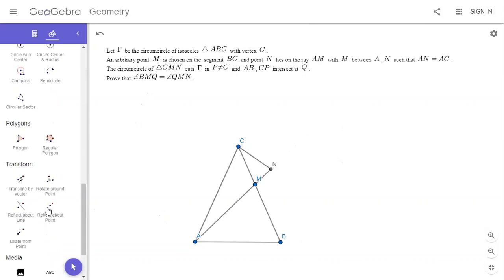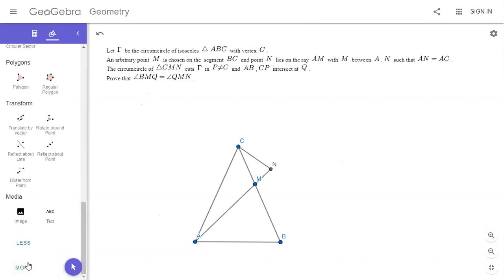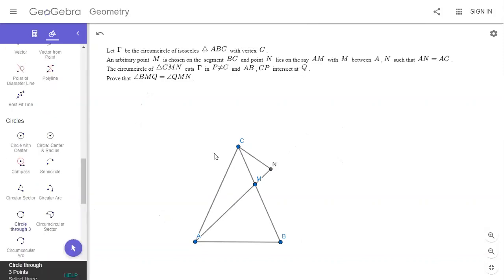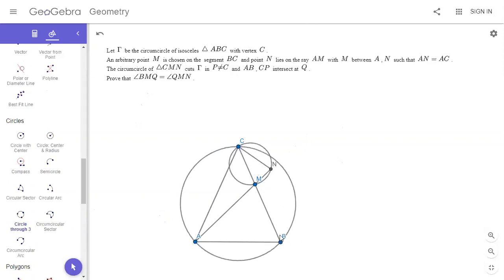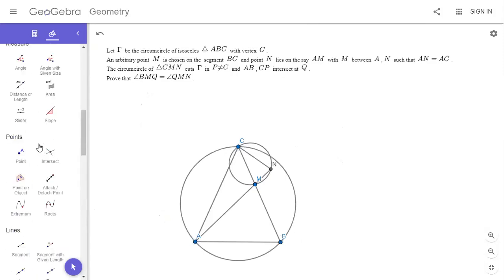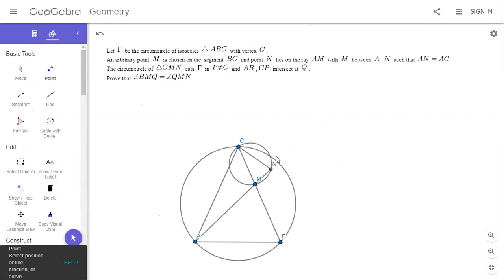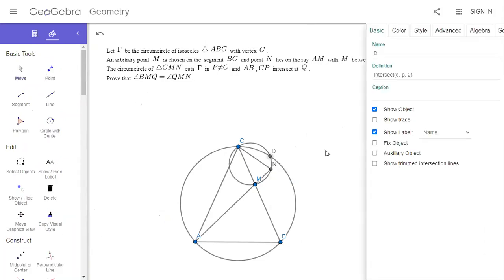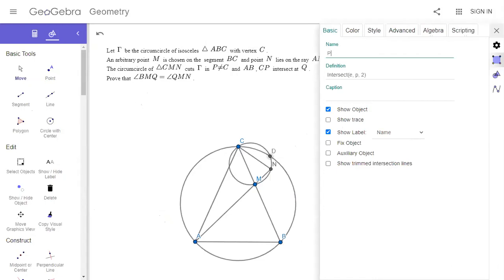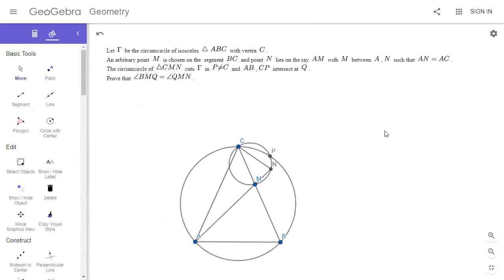Then we draw the circumcircle of CMN, and we see where it cuts gamma. We say it cuts it at a point P. All right, and AB and CP intersect at Q.